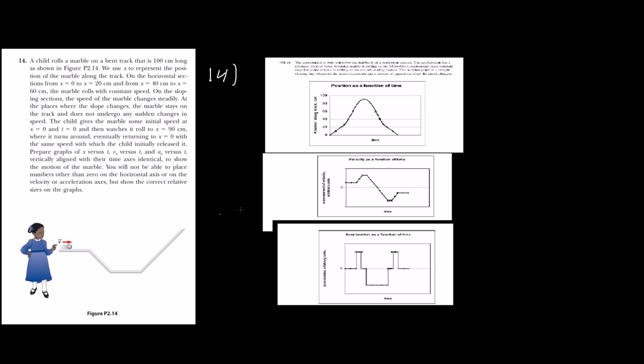So initially, this marble is going to roll at a constant velocity, and then it's going to speed up. This velocity is going to go a little higher, and then it's going to travel at a constant velocity. And notice from here, the velocity is going to slow down to the point where it stops, where the velocity is 0, and then it's going to travel in the opposite direction, to the point where it's going to have some speed in this direction, which is going to be a negative portion, and then it's going to slow down a little, so that's why it's going up.